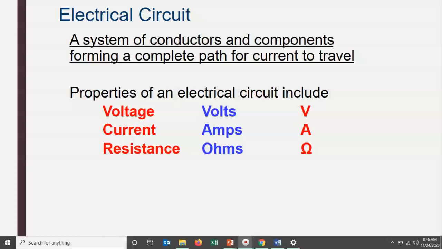So think about things that you use on a daily basis that you may have to charge. You are creating electrical current going through them, and it's charging up the energy. It's storing up protons and electron energy so that it can be used throughout the day, such as your phone, your Chromebook, your house even has it.